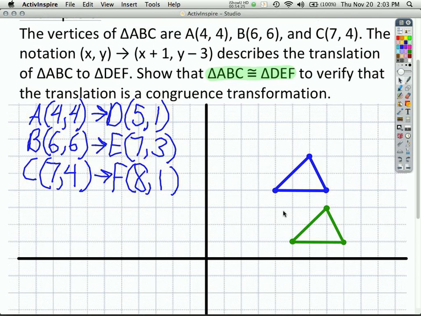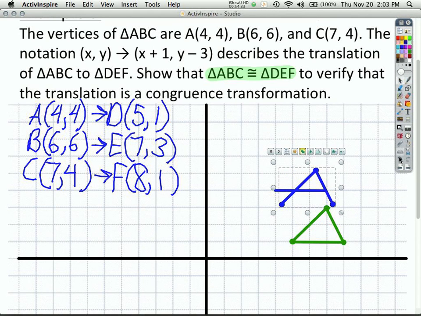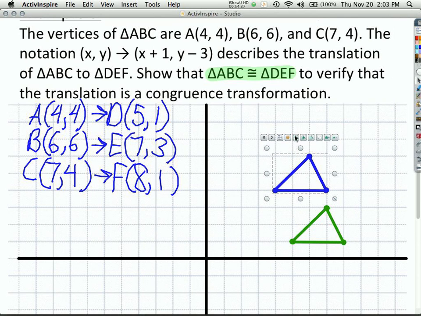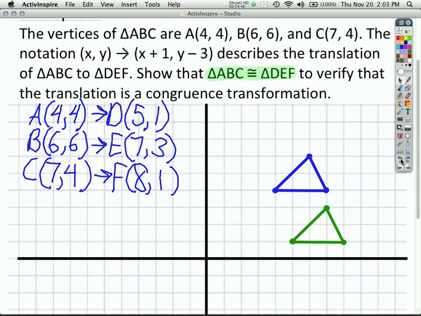I could show you right here that they're perfectly congruent, right? So we know it. But how can we prove it using some ideas that we've explored?